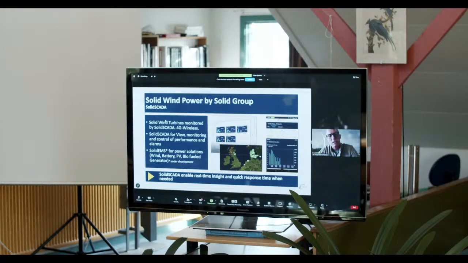There is a tendency that the 2G and 3G networks, so the GSM and the UMTS network, are being decommissioned, and the frequencies are being moved to the higher bands like 5G and 4G LTE. But our connectivity is able to cope with that.